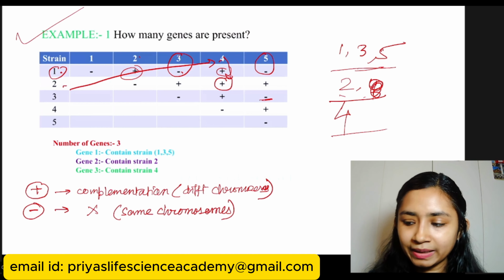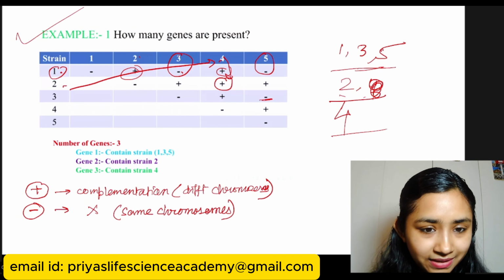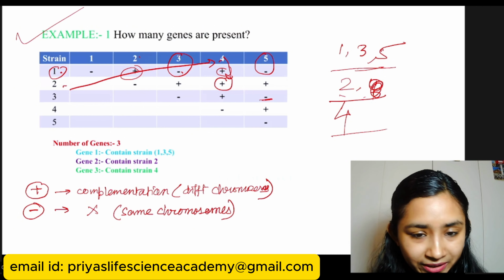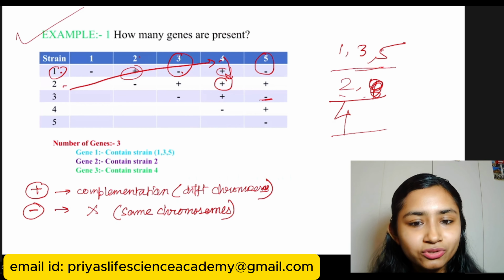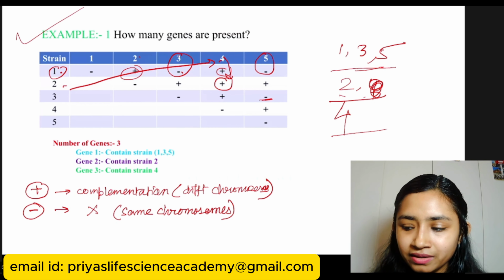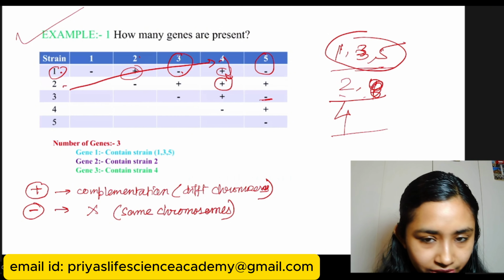Okay, so this type of example or question will come in your exam. Then you have to say how many genes are present, like in a single chromosome, how many genes are present. So these are known as a complementation group. So 1, 3, 5, these are known as a complementation group.